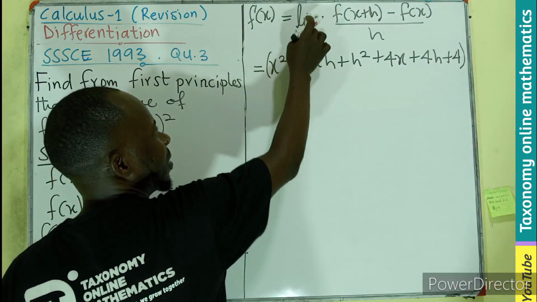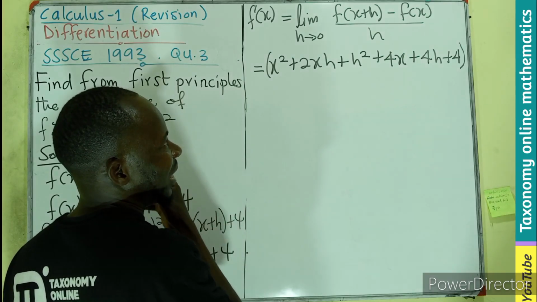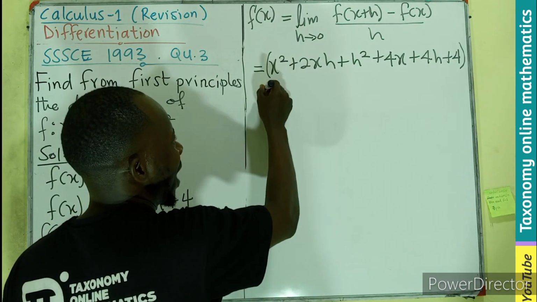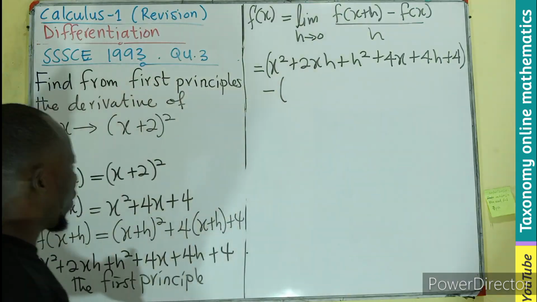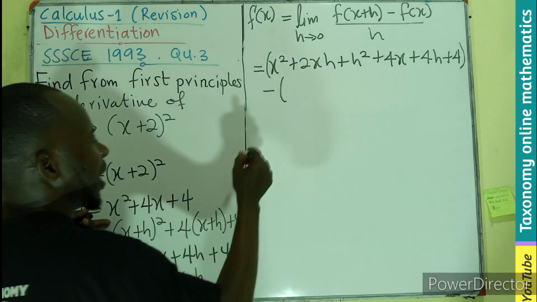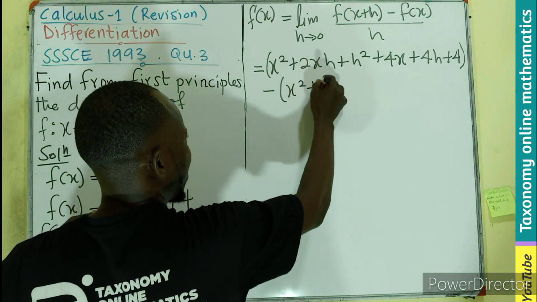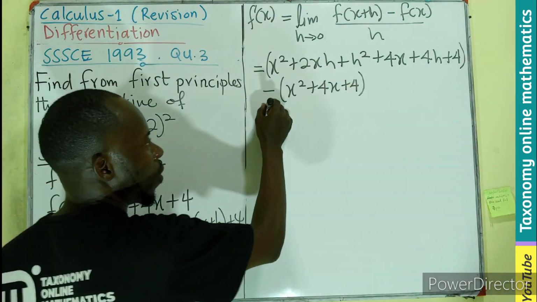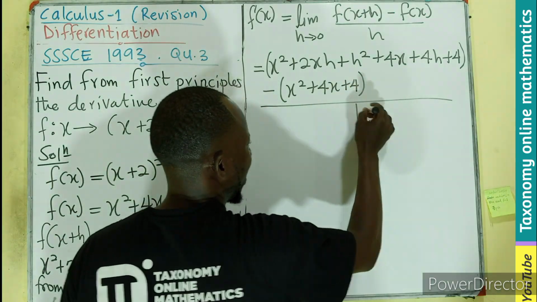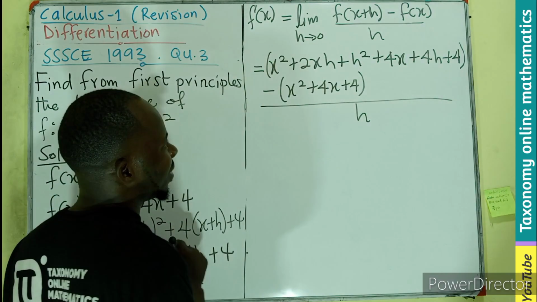Don't forget the limit is still there. So let's take that minus the function this, which already we know from here as x squared plus 4x plus 4. So all this is still divided by h with the limit attached.